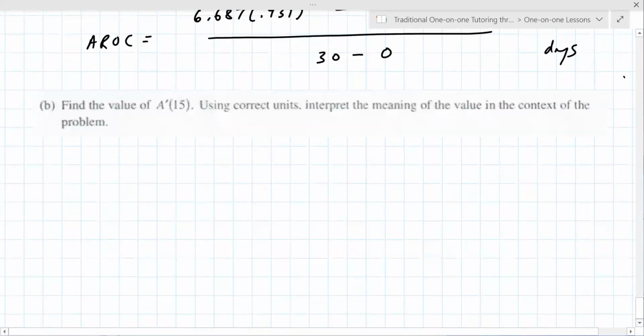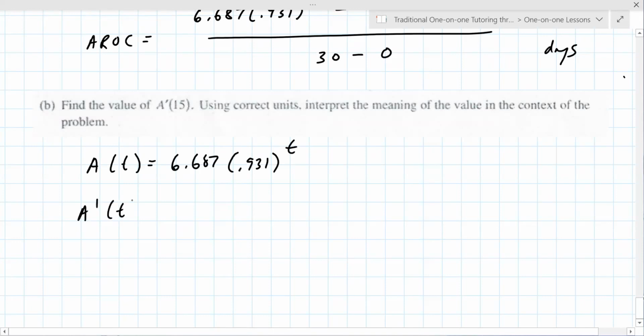All right, find the value A prime of 15. So A of t is 6.687 times 0.931 to the power of t. The derivative of this, you treat kind of like it's an e function. Its derivative is itself, 0.931 to the power of t, times the natural log of the base.